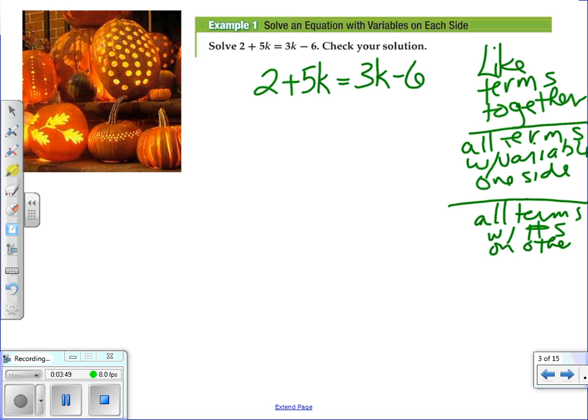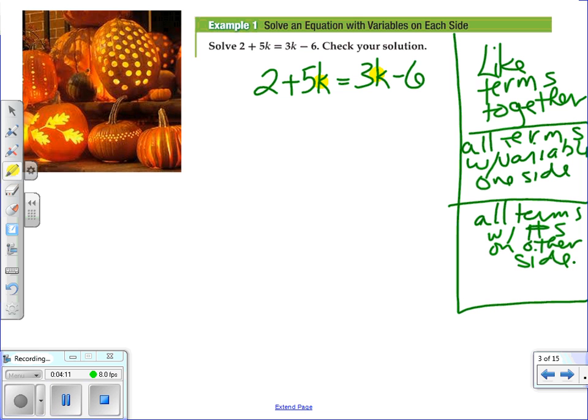That's our goal here. We're going to put all our like terms together. That means all the variables on one side, all the numbers on the other. In this case we have 5k and 3k, and they're on opposite sides of the equation. So we want to put them on the same side.